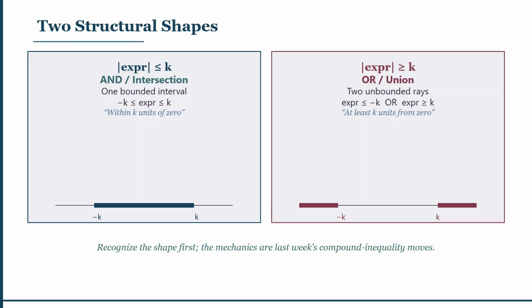Read, the expression is at least k units away from 0. This is an OR, a union. The solution is two unbounded rays. Once you know the shape, the rest is mechanics. Last week's compound inequality moves. Almost every error in this lesson comes from not stopping to identify the shape first.